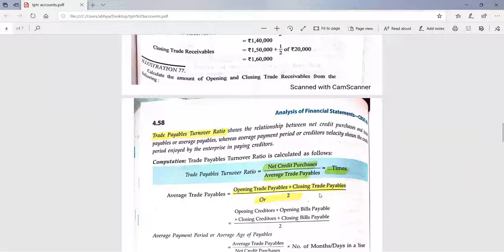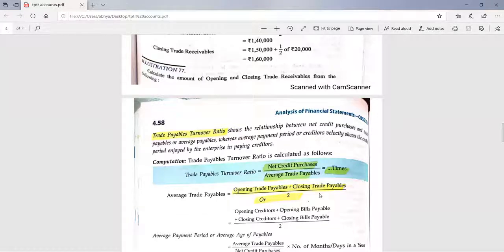Like trade receivables comes into existence because of credit sales, similarly trade payables comes into existence because of credit purchases. So the first variable in the formula will be net credit purchases upon average trade payables. There we were using trade receivables; here we will be using average trade payables. So we can say the formula is same, only the concepts are changed.